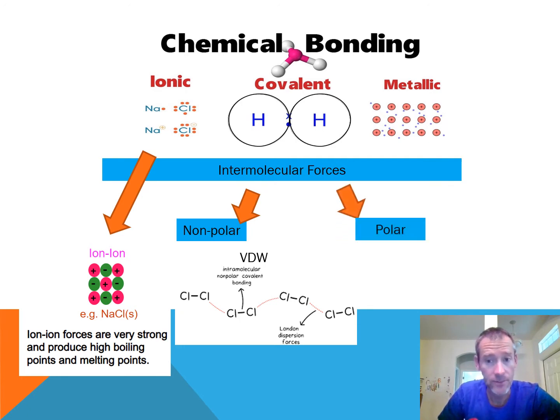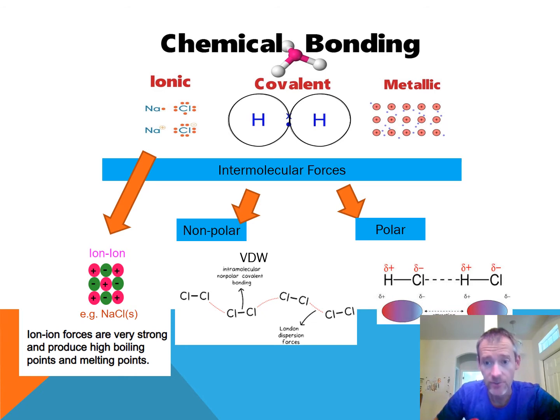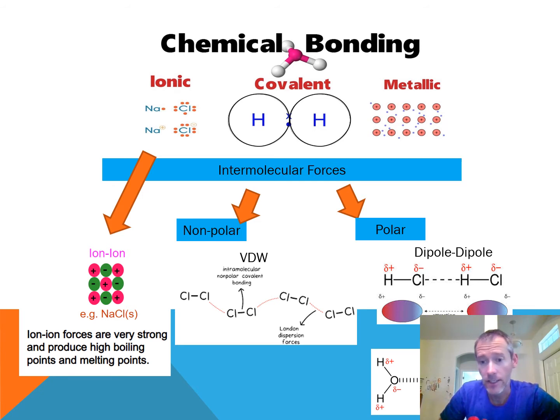Then you have polar substances, and this is broken down into two types. You have your dipole-dipole forces. So these are your polar substances that are mostly liquid at room temperature. And then within that, you have hydrogen bonding, which is only a bond between H and O, H and N, and H and F. So water, hydrofluoric acid, and ammonia, NH3, are your common hydrogen bonding.